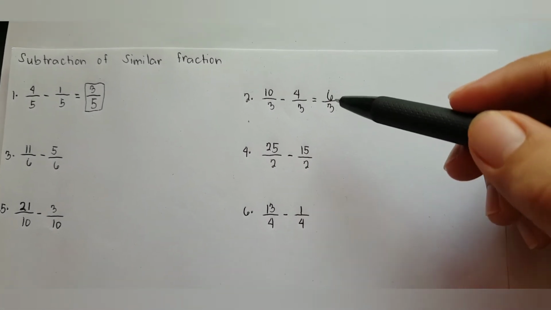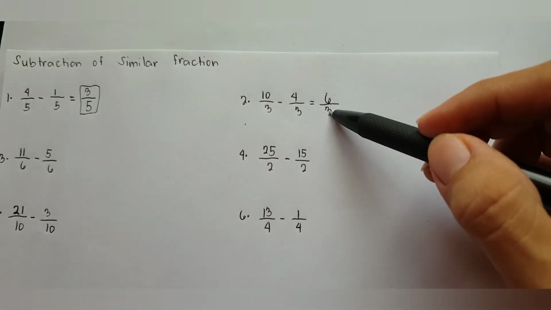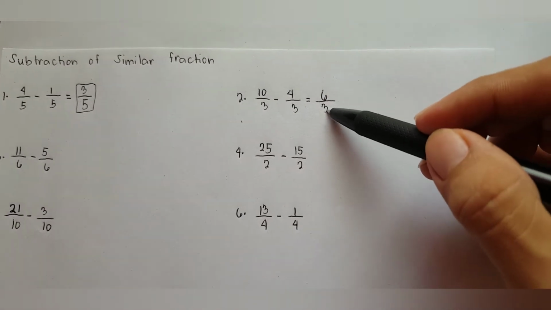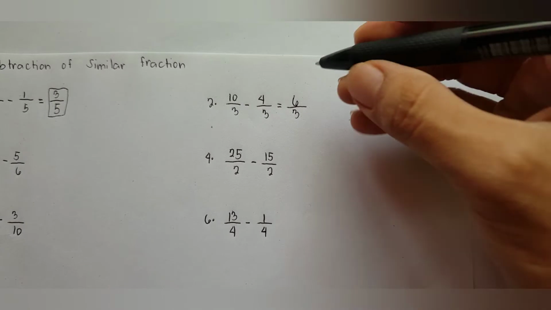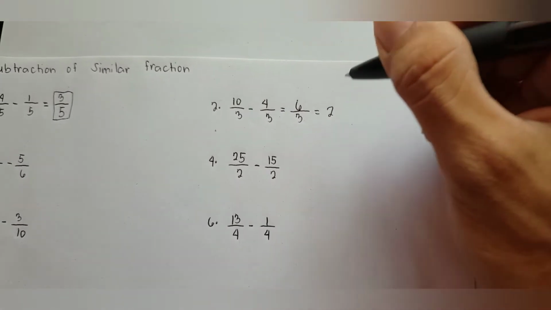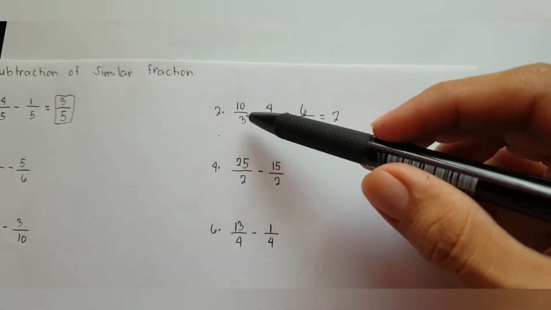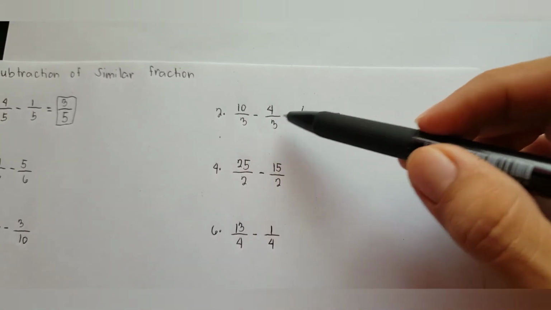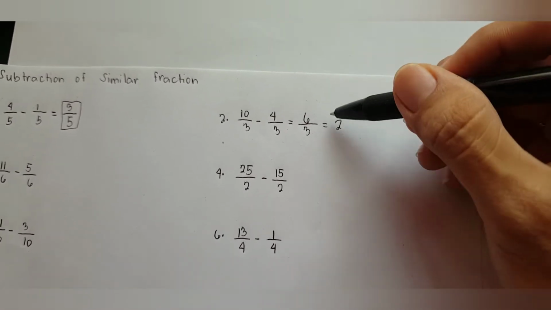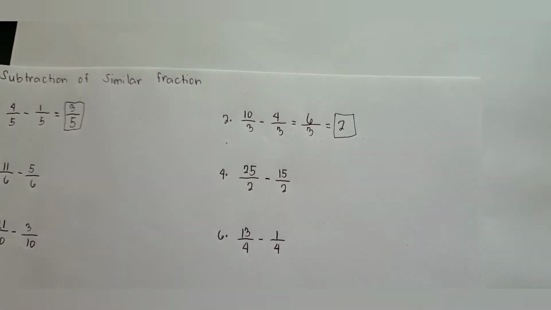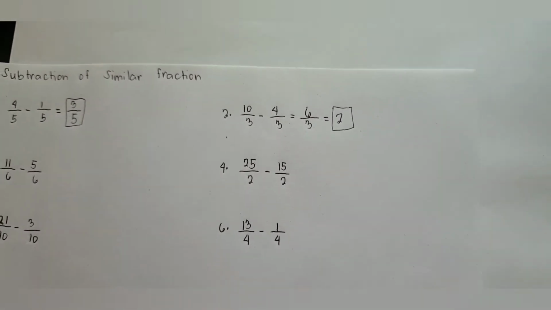But before considering this as our final answer, notice that 6 is divisible by 3. So 6 divided by 3 is 2. The final answer is 2. We will say that 10/3 minus 4/3 is equal to 2, since 6 over 3 can be reduced to lowest term.